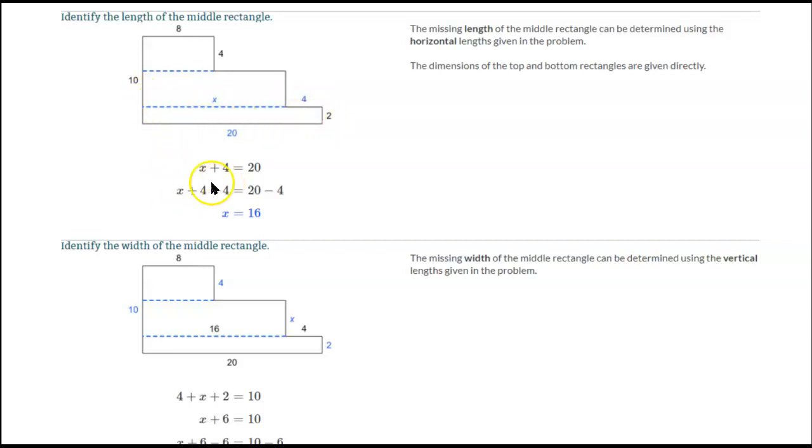Now we can subtract 4 from both sides, and we see that this line is equal to 16. We can substitute 16, and now we can say 4 plus x plus 2 equals 10 in order to find this part of the line right here.